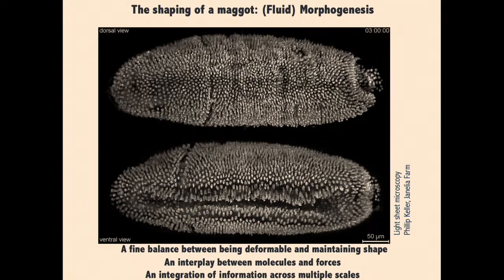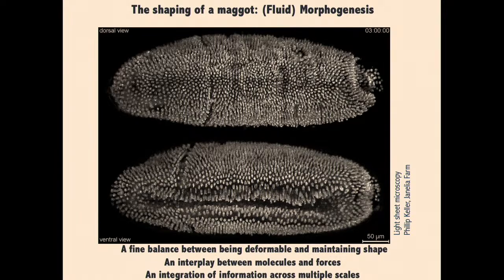This is a movie of a fly embryo in which the zygote, the fertilized egg, has already divided a lot. Every dot that you see here is a single nucleus, therefore a single cell. You can see it because we've tagged GFP to histone that's present in the nucleus.